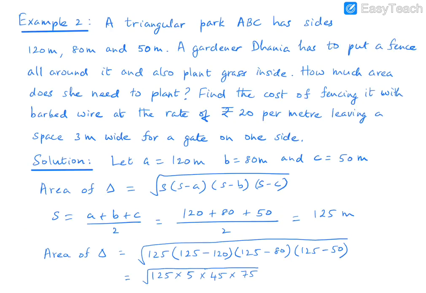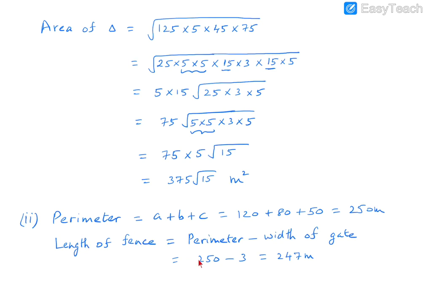The next thing we need to do is to find the cost of the entire fence. We know from the question that the cost of the fence per meter is 20 rupees. So we can find the cost of the entire fence by multiplying the cost per meter with the total length of the fence. So let's write that down.